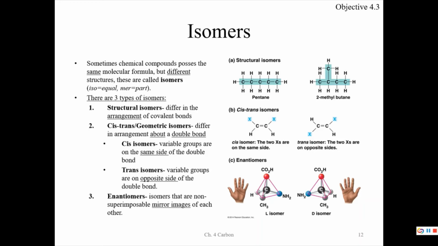That's what isomers are. Isomers are chemicals that have the same chemical formula, the same chemical parts, but are not put together in the same way. Different structure, same parts. Iso equals mer, part. They have equal parts. They have the same parts, we just arrange them differently.